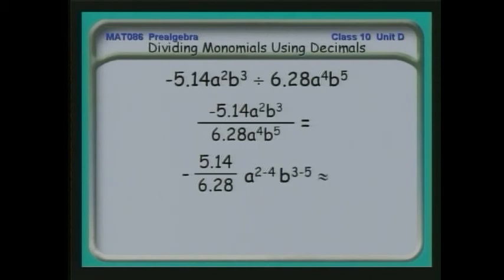And I can say I have b to the 3 minus 5 power, and I can evaluate that as minus 0.82. 2 minus 4 is minus 2. 3 minus 5 is minus 2. Or I can represent it that way, because things to a negative power actually can be written as 1 over the power.